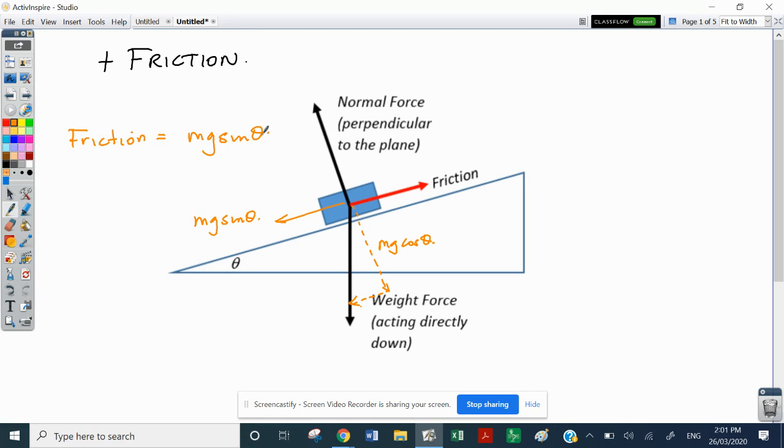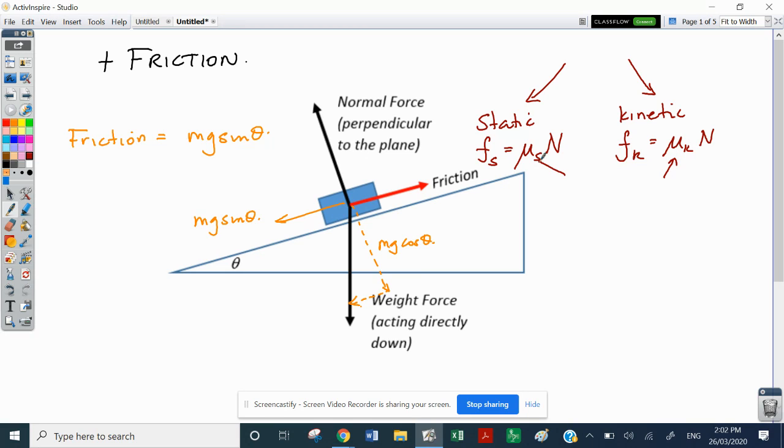To remind ourselves about friction, there are two different types of friction. There is static friction, which is Fs, equal to mu s, the coefficient of static friction, multiplied by the normal force. The other type of friction is kinetic friction, also called dynamic friction, which is Fk, equal to mu k times N, where this mu is a different value from this one over here.